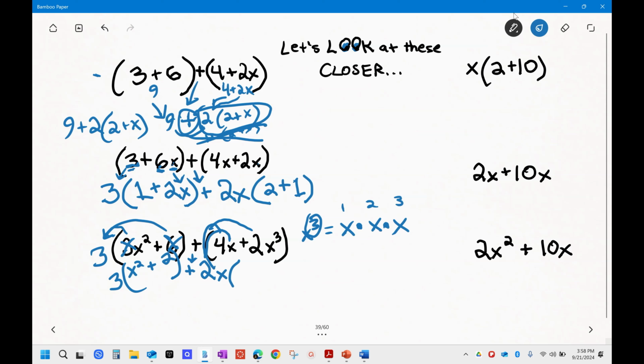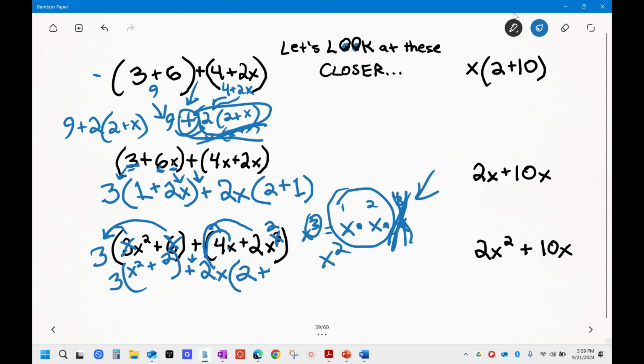So 4x divided by 2x gives us just 2. But when we take 2x out of 2x cubed, we're only taking one of the x's out. So that turns into a square. We just go 3 minus 1, because we only took one of the x's out. So just like over here, the x cubed, x to the third power, is 1, 2, 3 x's all multiplied together. So if we took one of the x's out, that still gives us 1, 2 x's left.